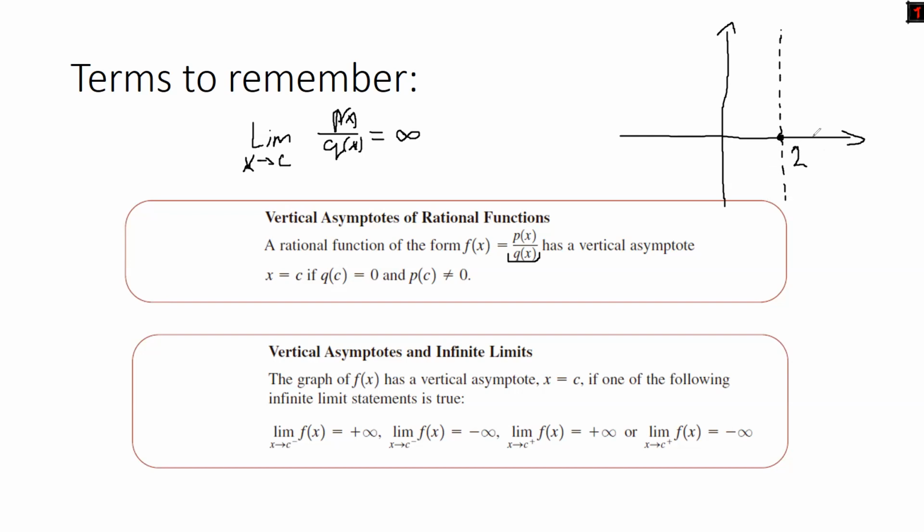Vertical means it's looking upwards, or has an angle of 90 degrees with the x-axis. So what's going to happen with the function around and at this line? Definitely, a vertical asymptote will cause the function to travel to this asymptote, but never touch it or cross it.